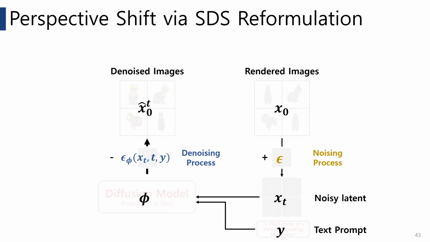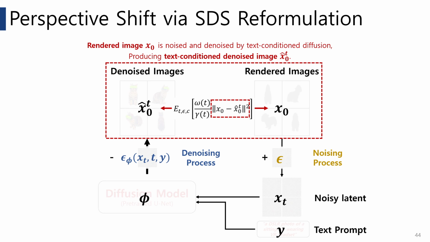Revisiting this in terms of equations, it can be illustrated with the following figure. Rendered image x0 is noised and denoised by text-conditioned diffusion, producing the text-conditioned denoised image x hat.